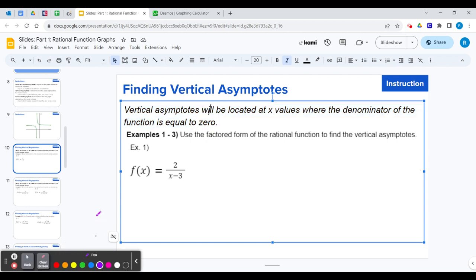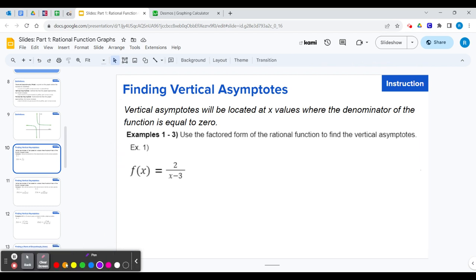If I look at this first function here in example 1, we have f of x equals 2 divided by x minus 3. If we were to plug in the value of 3 here, f of 3 would be 2 divided by 3 minus 3, which is 2 divided by 0, and that is undefined at that spot.